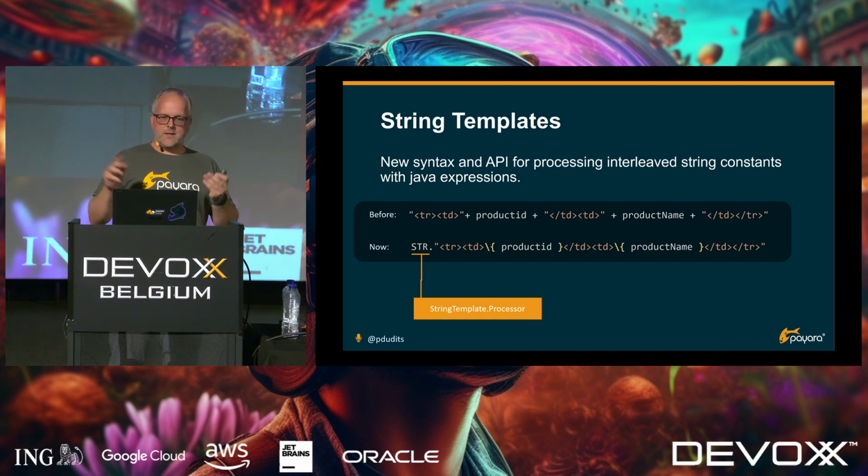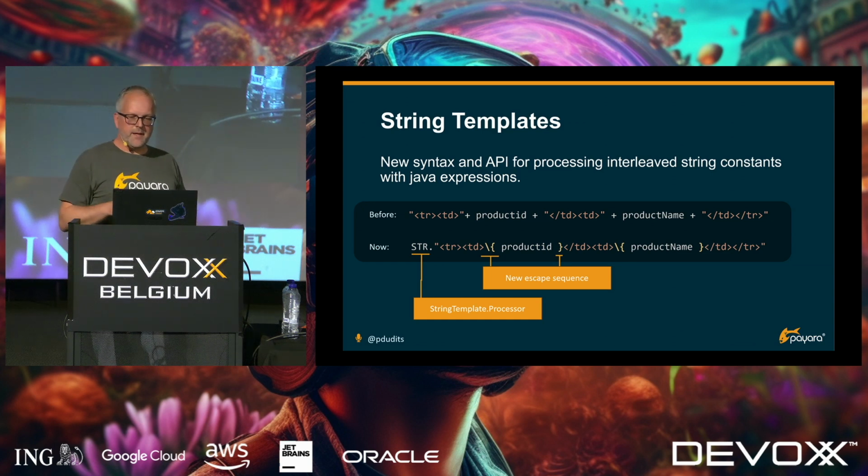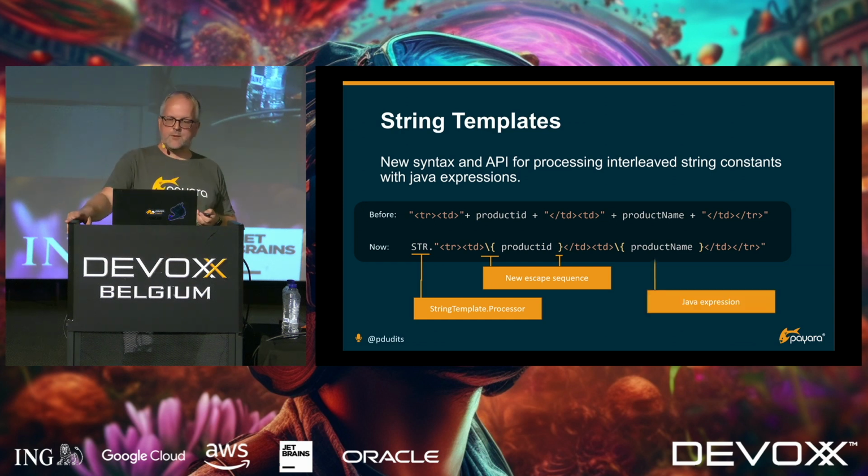It is immediately followed by a dot, and then a quotation mark or a text block with a string that contains the new escape sequence, backslash and curly brace, and inside those braces you can have any Java expression.